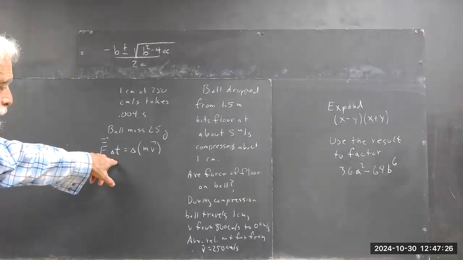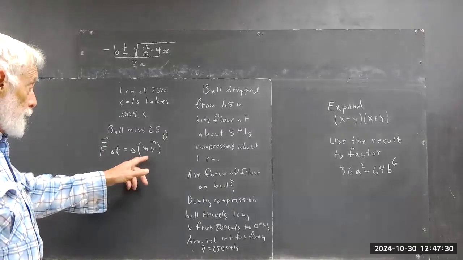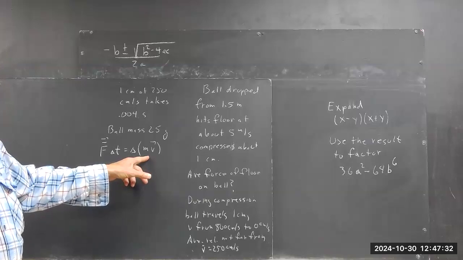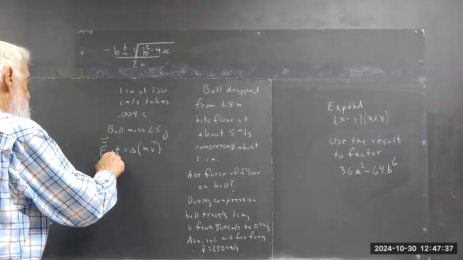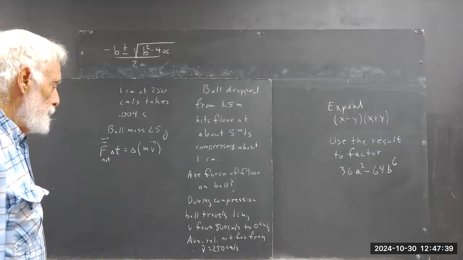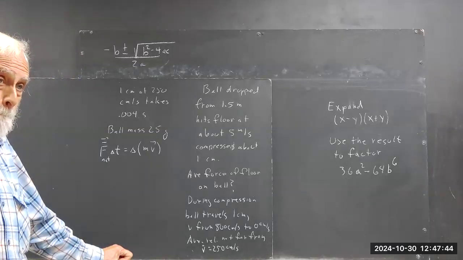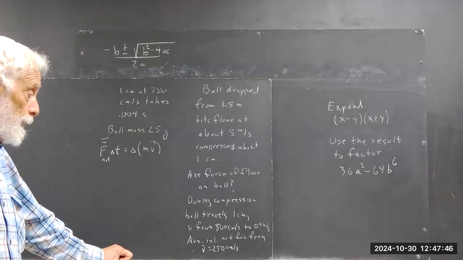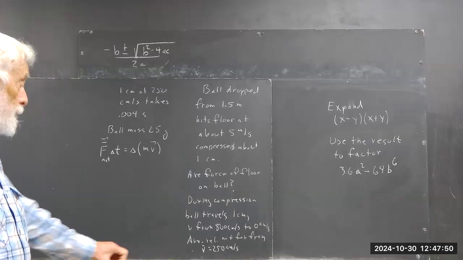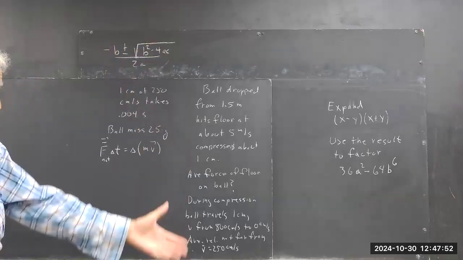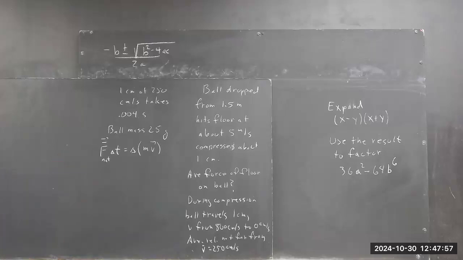Well, the average force times the delta T is equal to the change in mv during that delta T. And that would be net force. So what information can you use to get something related to F bar delta T?